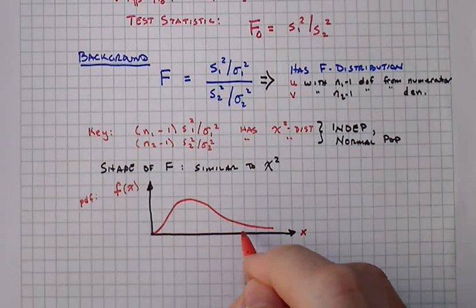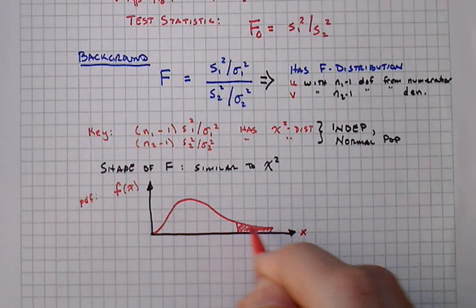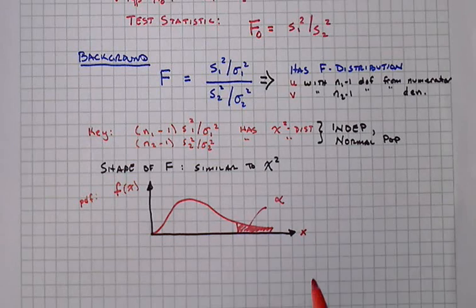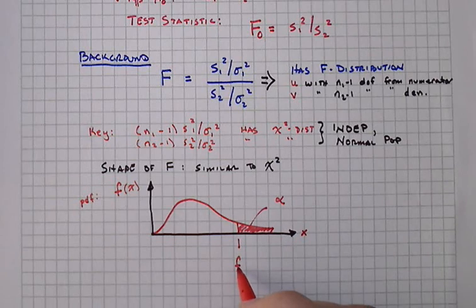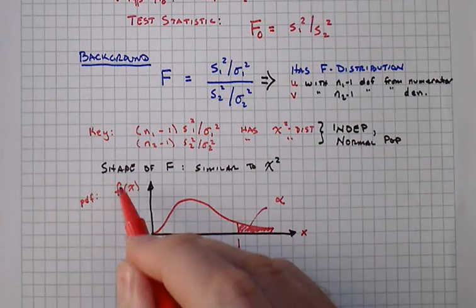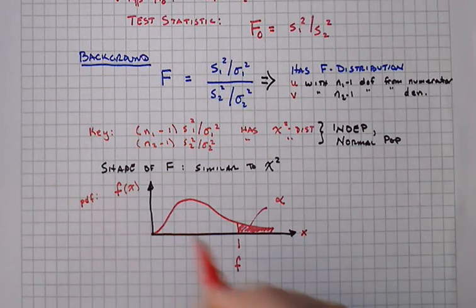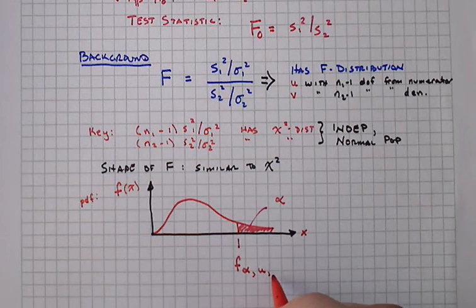Here's where the symbols really get kind of nasty. If this little tail area is alpha, then we call this x value also little f. These are not the same things right here, and that's kind of goofy and confusing. F sub alpha, and then it's got 2 degrees of freedom, u and v. The order is important. This is f sub alpha u v.